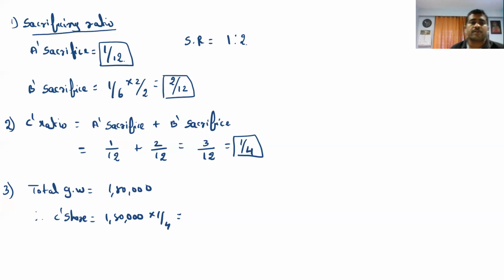Just calculate. 1,80,000 divided by 4. So take the calculator with you. 1,80,000 divided by 4 comes to 45,000. So C's share comes to 45,000.